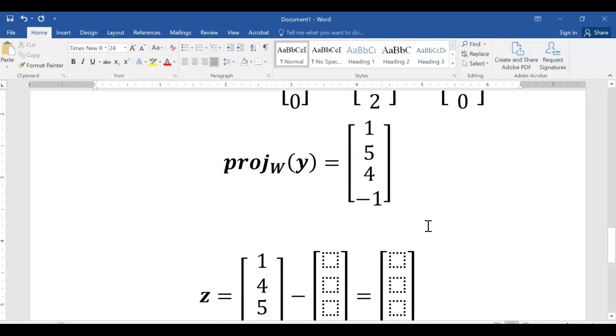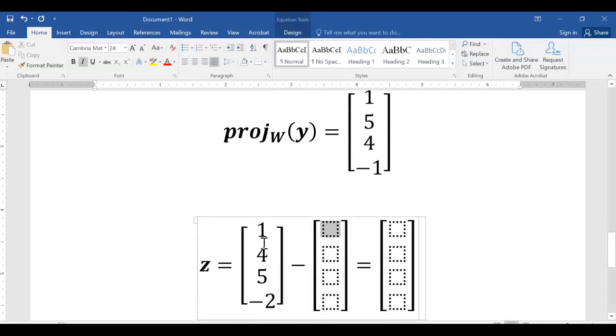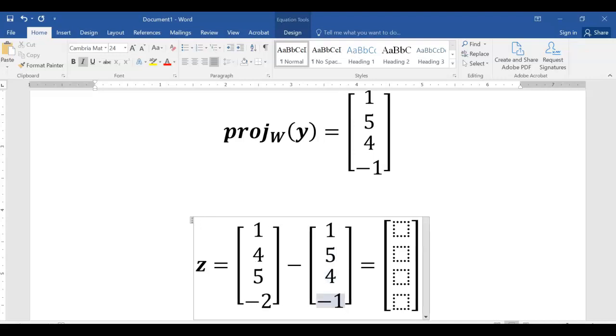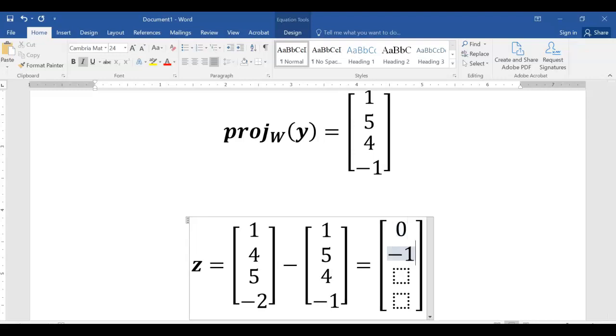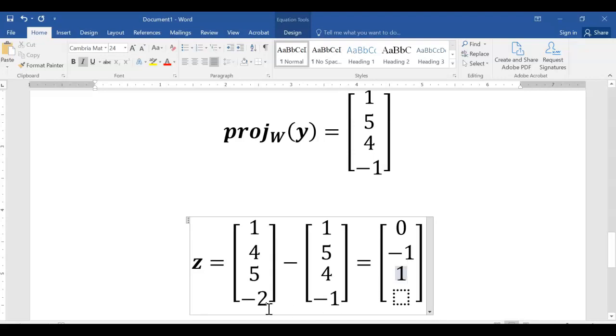If I want to find the orthogonal component to that, all I have to do is start with my original y, 1, 4, 5, -2, write in 1, 5, 4, -1, and subtract those. 1 minus 1 is 0. 4 minus 5 is -1. 5 minus 4 is a +1. -2 minus 1 is a -1.